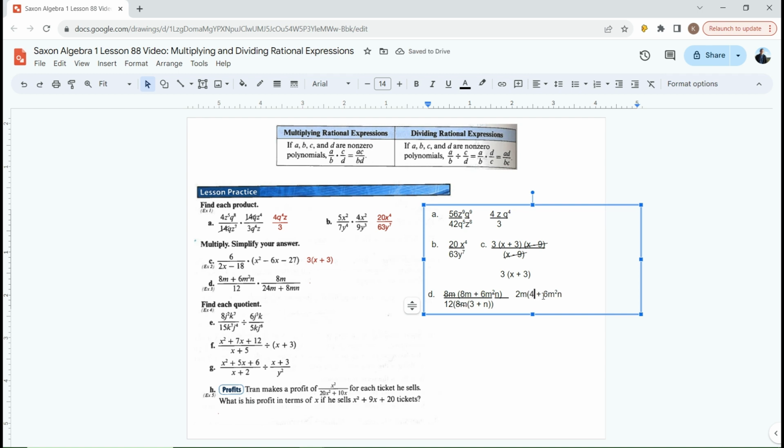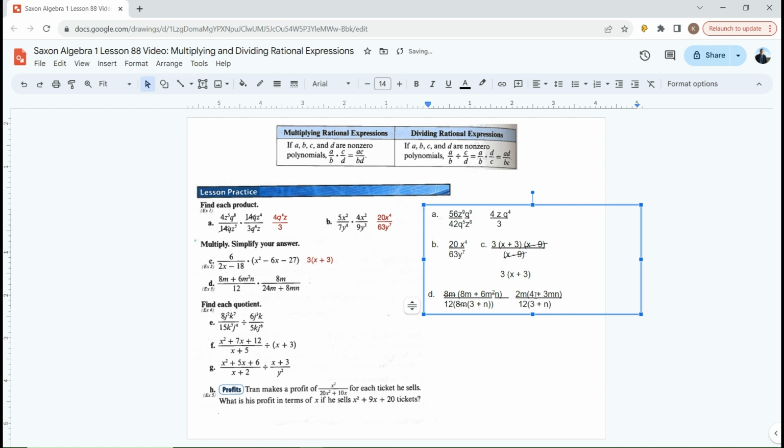And 2m pulled out of 6m squared n gives me 3mn. Okay, so 2m times 4 plus 3mn on top. And then on the bottom of this, we have 12 times 3 plus n.